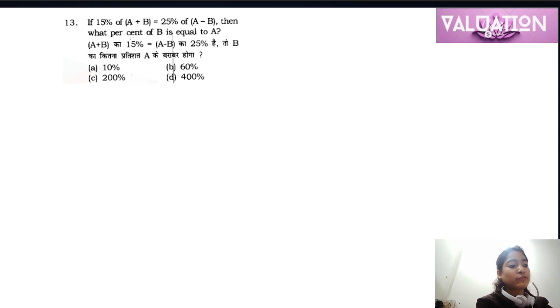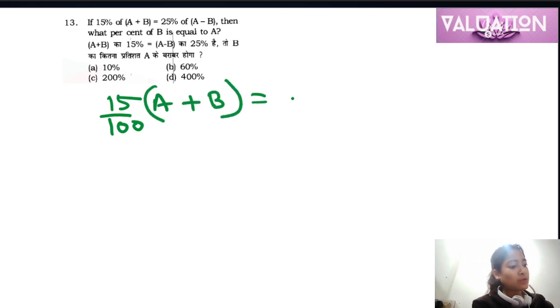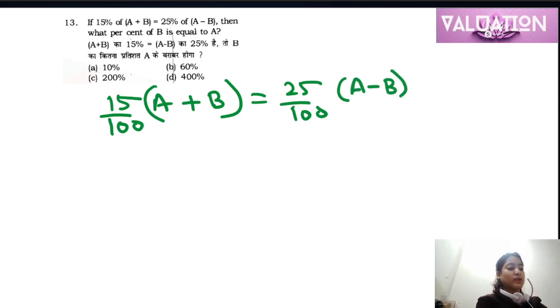If 15% of a plus b is equal to 25% of a minus b, then what percent of b is equal to a? So let us suppose x percent of b is equal to a. We have to find the value of x.